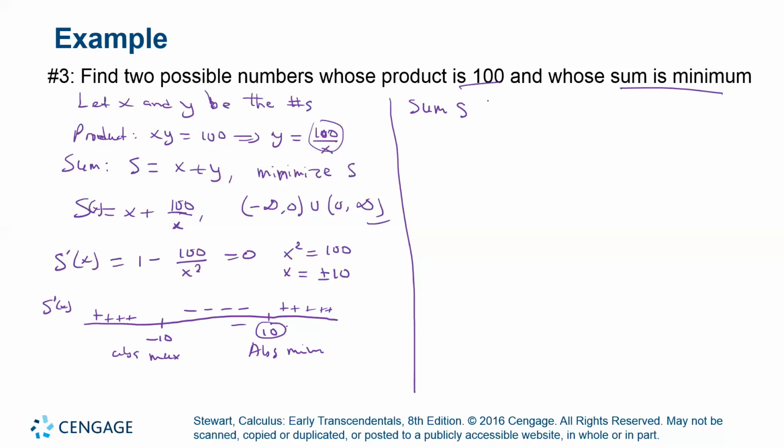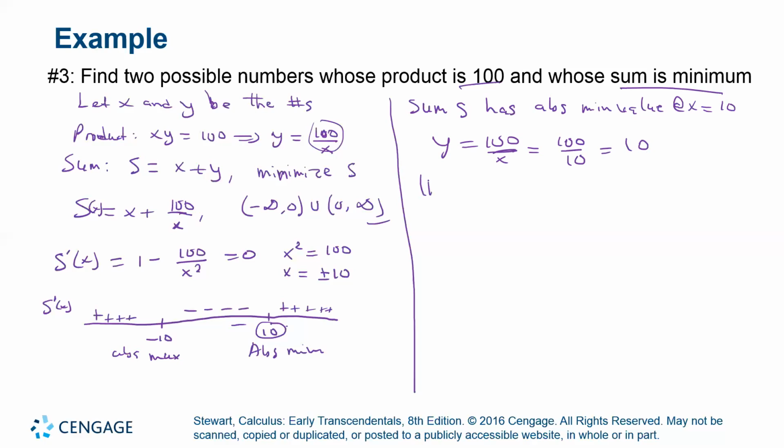Okay. So here we say that the sum S has an absolute minimum value at x equal to positive 10. So if x is positive 10, then what is y? Then y is equal to 100 over x, which will be 100 over 10, and that's 10.